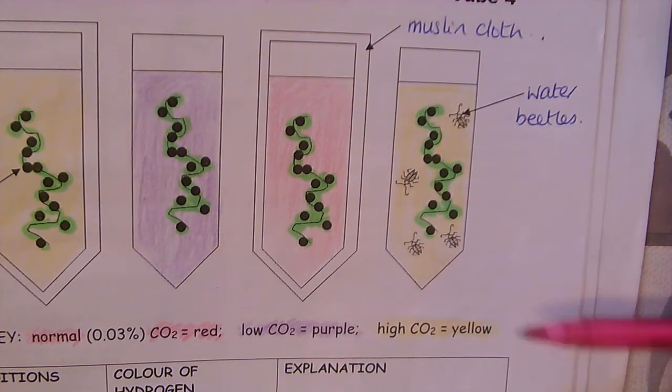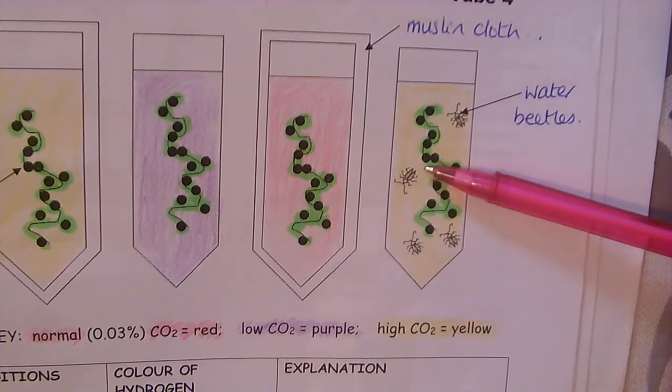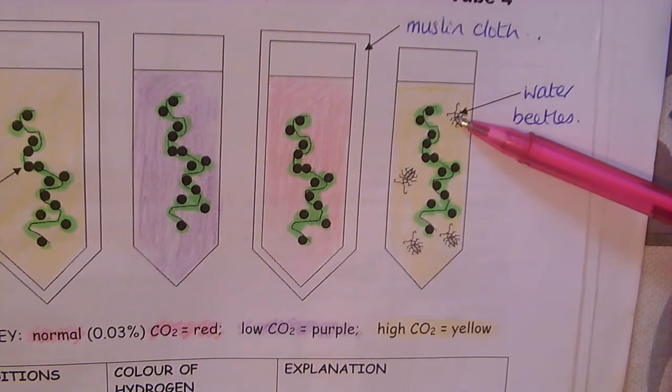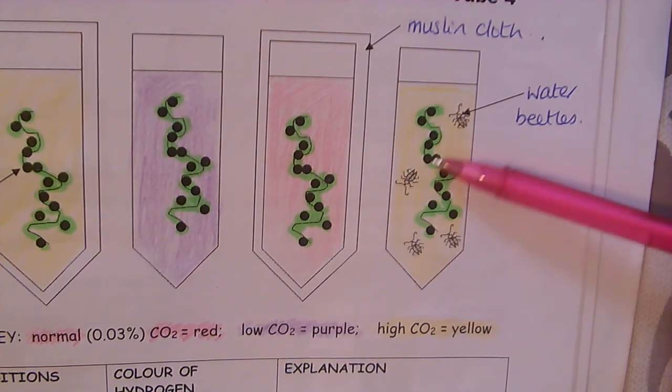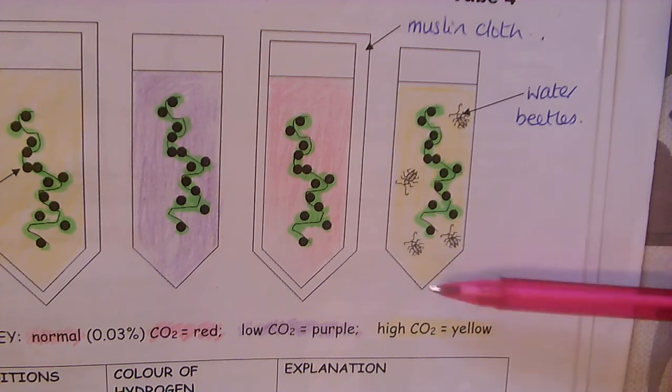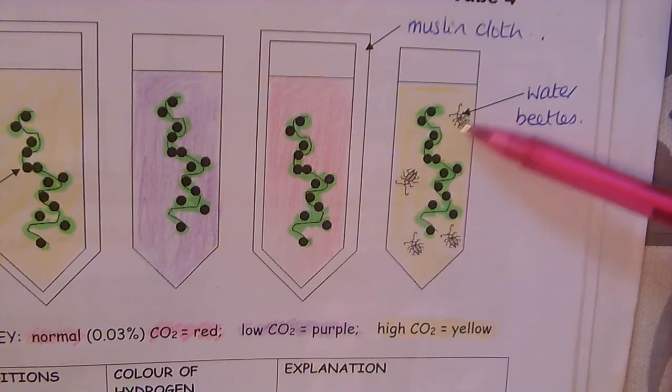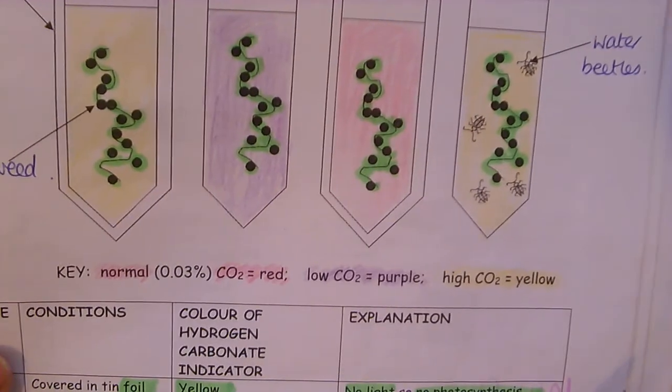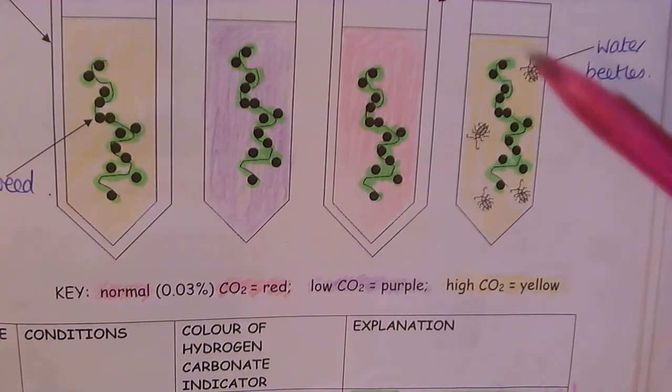And that tells us that respiration is outweighing the photosynthesis. There's more respiration going on between the respiration in the plant and the respiration in the beetles. There is photosynthesis going on in the plant, but it's not enough to outweigh the respiration that both of those organisms are doing. So this one has gone yellow to tell us there's more carbon dioxide being added than is being removed.